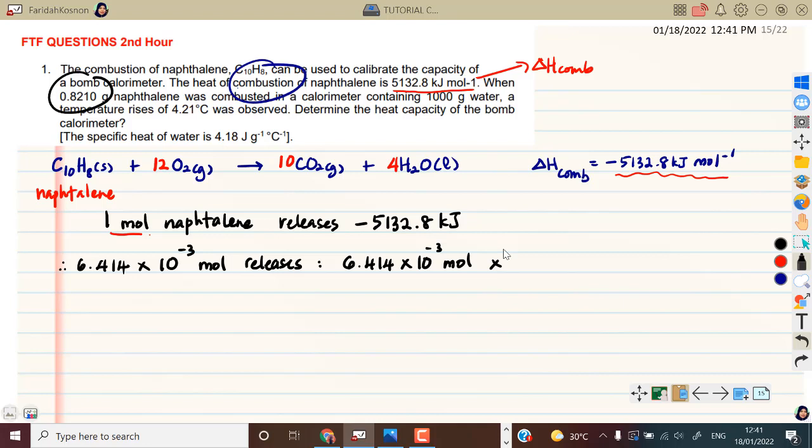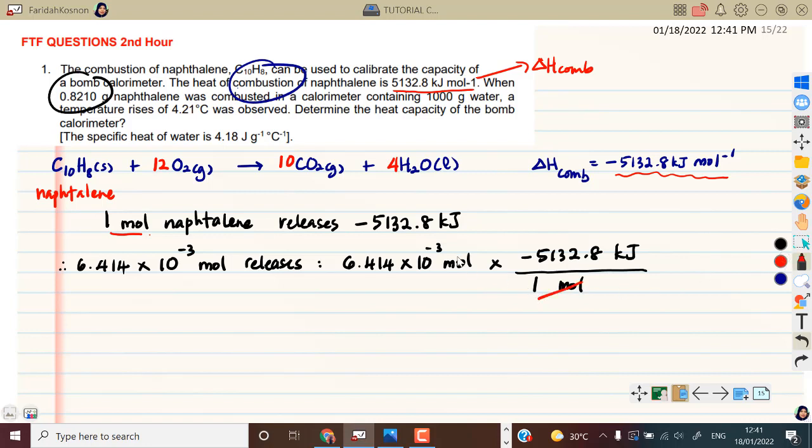Alright. We want to find for 1 mole, so that's why we cancel the mole. Divide by 1 mole of naphthalene, which releases this amount of heat, negative 5132.8 kilojoule.